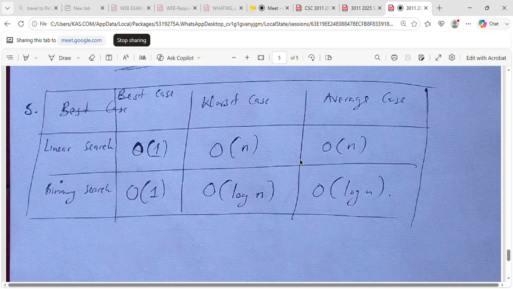Why? Even if you divide that line or that linear search in half, then you say, okay, since I have 1000 here, I have 1000 here, 1000 plus 1000 is basically 2000, and when you divide that by 2 divisions, it will still be 1000.